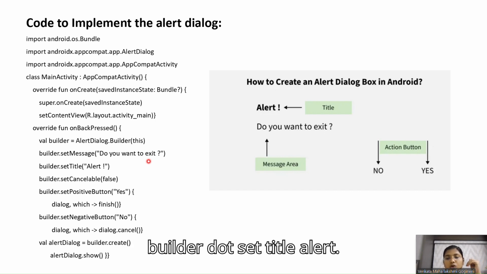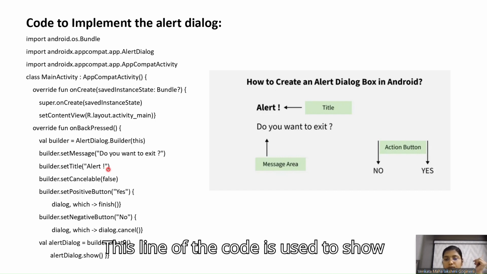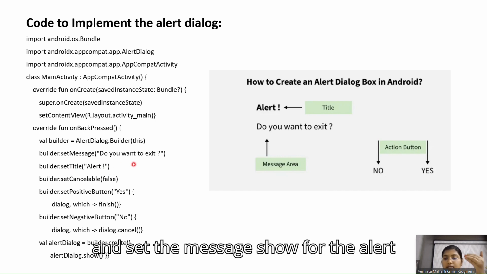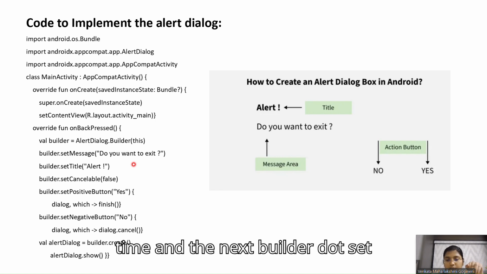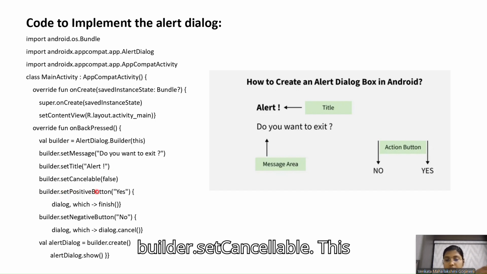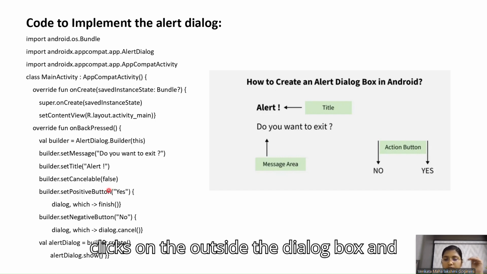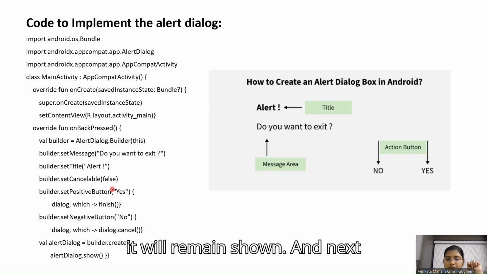And the next is builder.setTitle("Alert"), which is used for the title. Next, builder.setCancelable(false) is set so that when the user clicks outside the dialog box, it will remain shown.